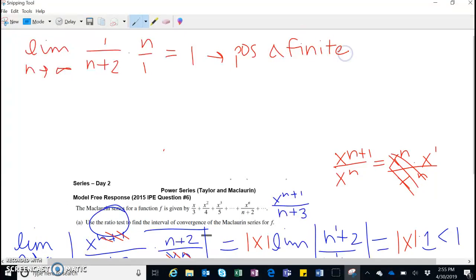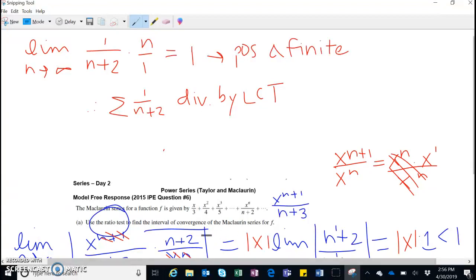So since I compared to the divergent harmonic series, that means that my series is also going to diverge by the limit comparison test, because as long as I get something positive and finite, my series will behave like the one that I compared to.